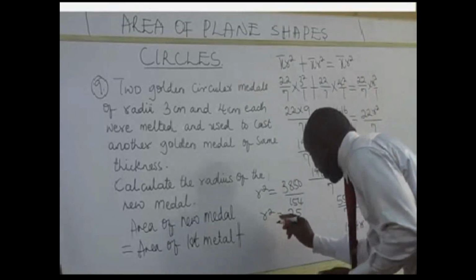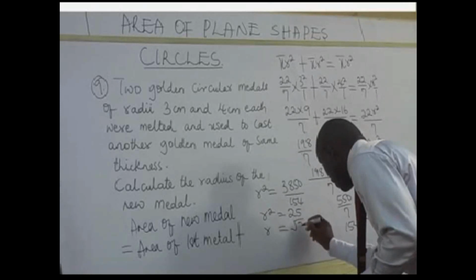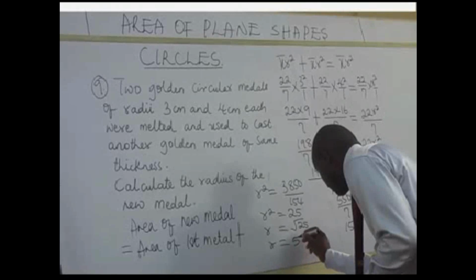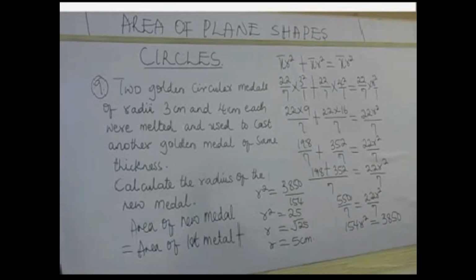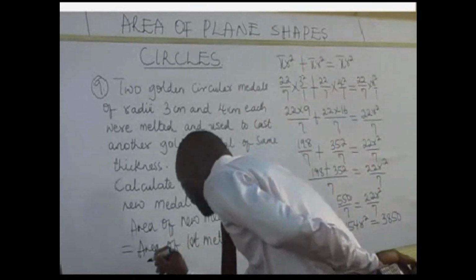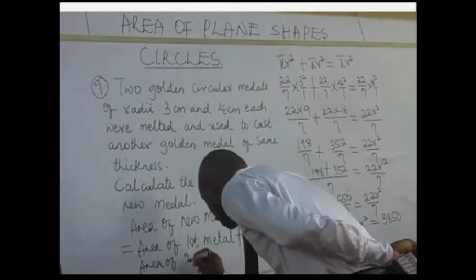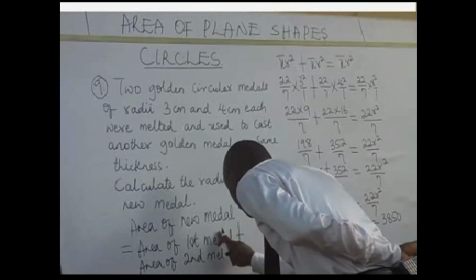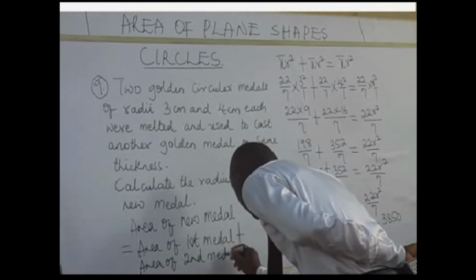Square root of r squared is r, and square root of 25 is 5. That means our r boils down to 5 centimeters. And that answers that question. Remember, what you have here is plus area of second medal. This is medal, not metal.